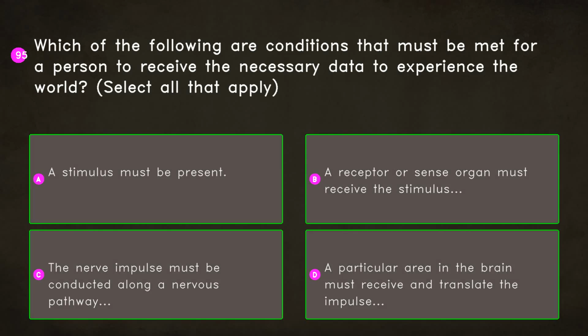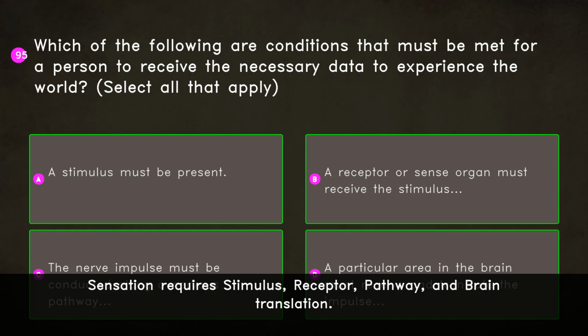The correct answer is all of the above. Sensation requires stimulus, receptor, pathway, and brain translation.